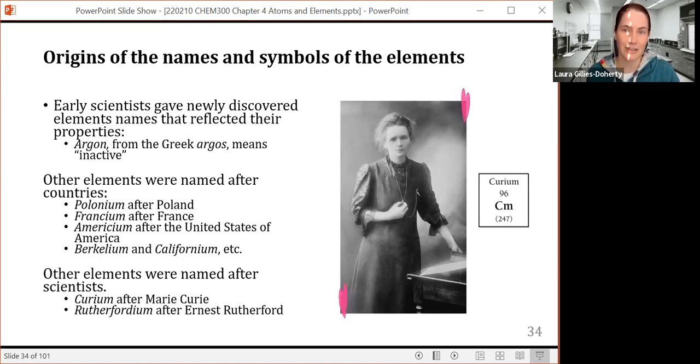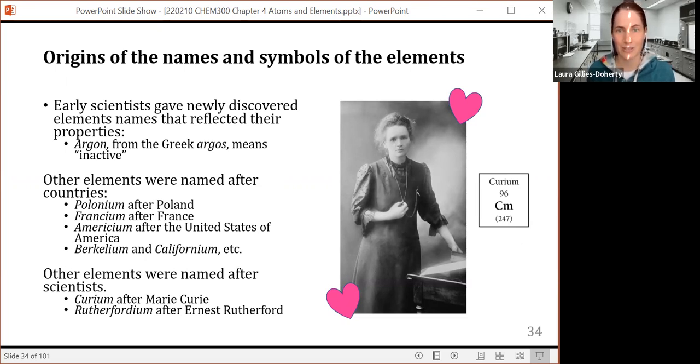And just a note on Marie Curie, I put hearts here because she's one of my science crushes. She did absolutely amazing work in the early 1900s studying radioactivity. It was a very difficult time for women to be scientists. She often had to get things done through her partner, who was a professor at the university.